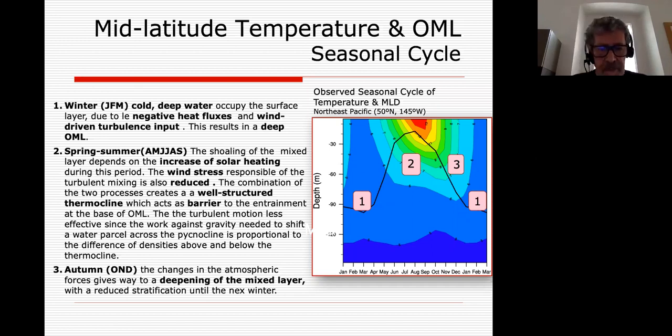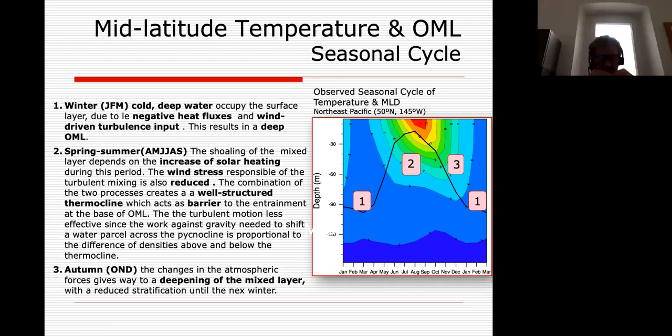This homogeneous warm water creates at the base of the thermocline a density barrier. What does it mean?